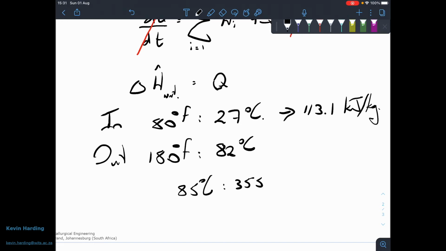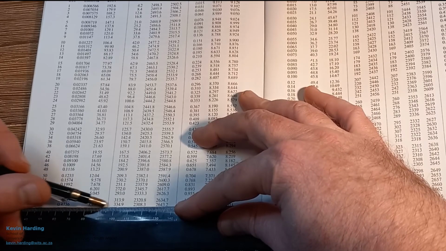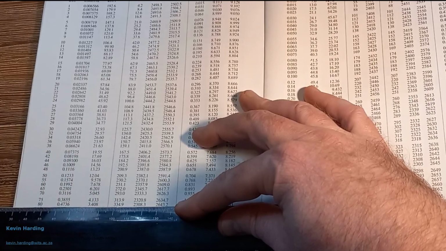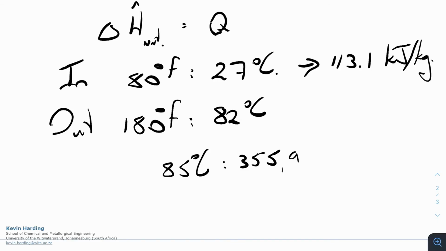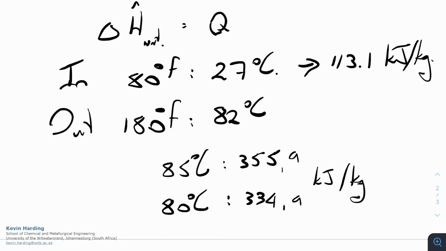So at 85 degrees Celsius, we have an enthalpy value of 355.9, and one row up, at 80 degrees Celsius, we've got 334.9, both in kilojoules per kilogram.